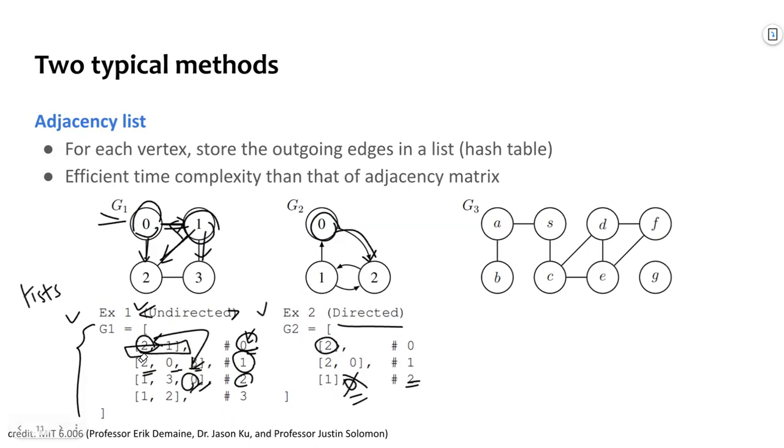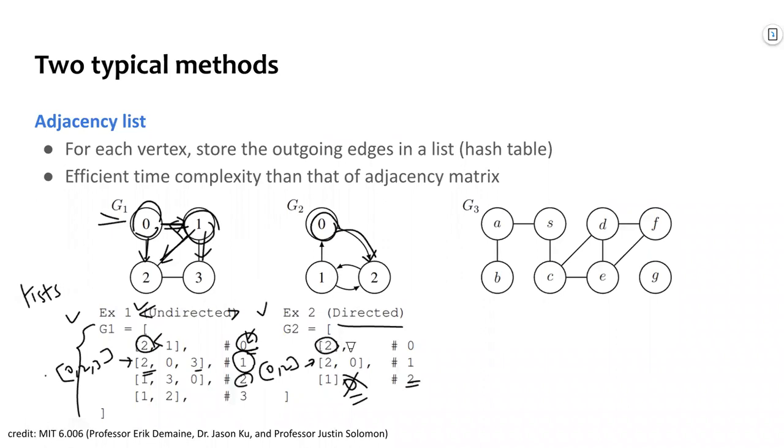So if you store like 0, 2, 3, it is perfectly okay. It doesn't matter. And in this case, you can store 0, 2 instead of 2, 0. All right, so the ordering inside this list does not matter.